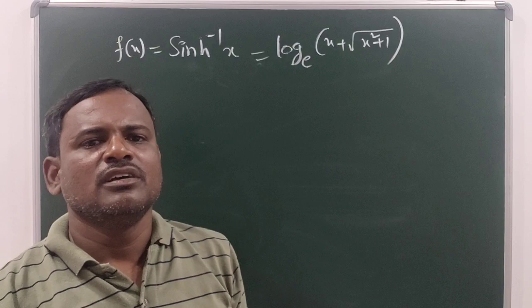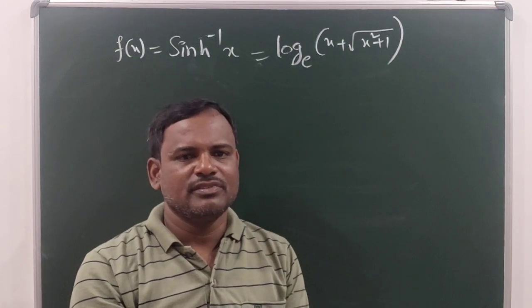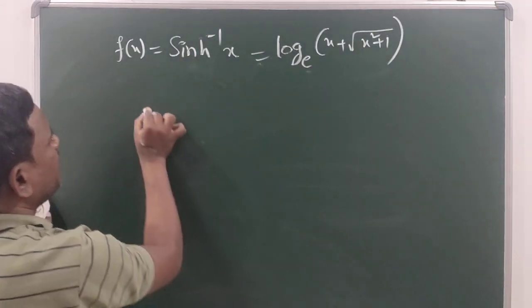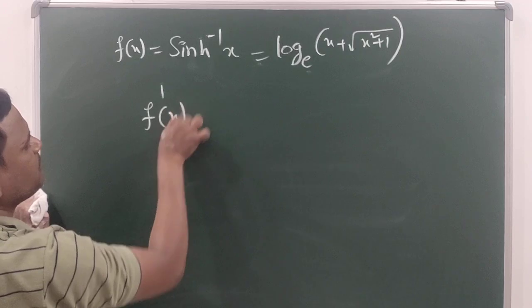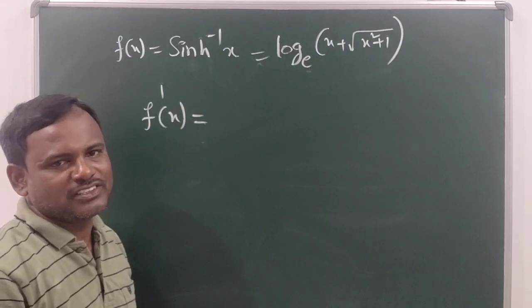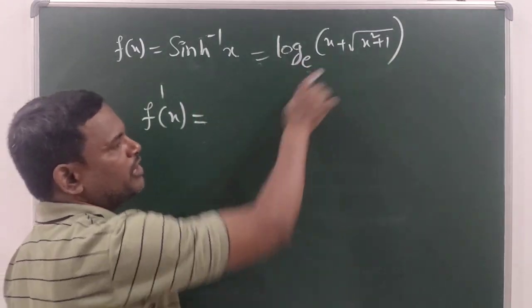So students, suppose you want the derivative of this function, f dash of x. So the derivative of sinh inverse of x. Sinh inverse of x is defined like this, no? Find its derivative.